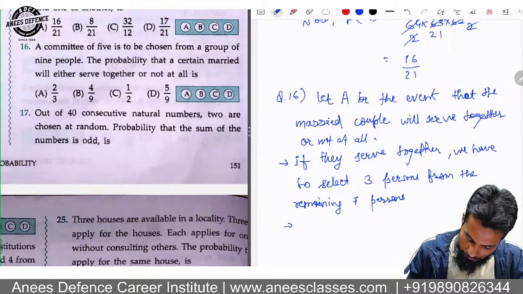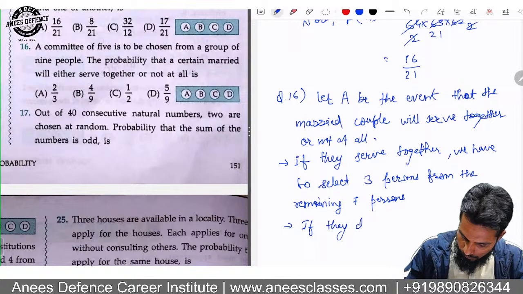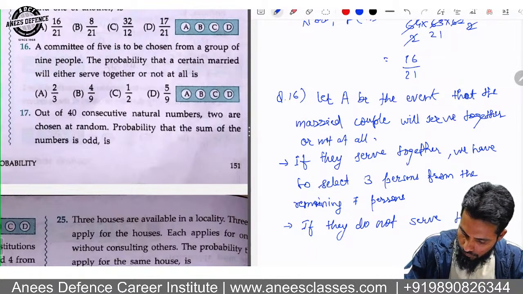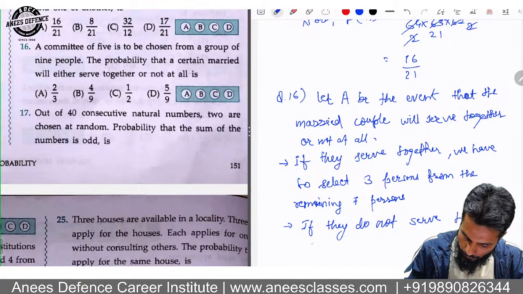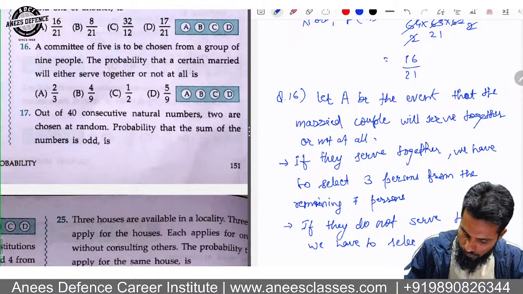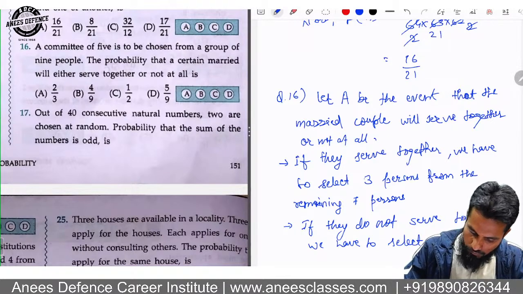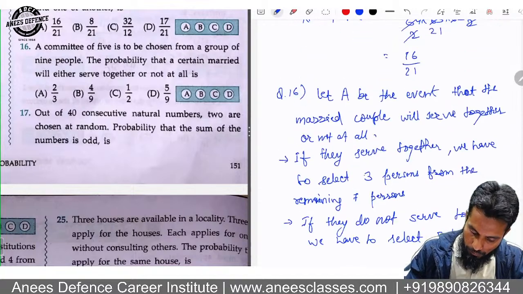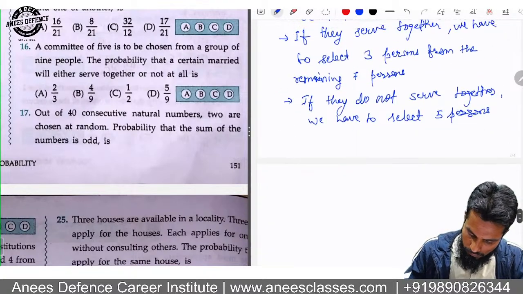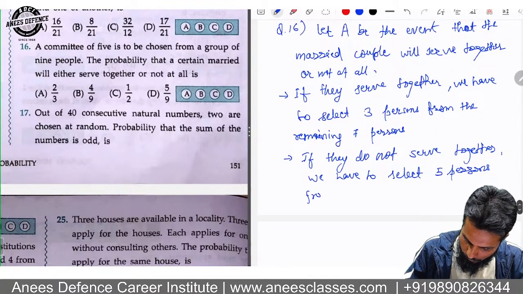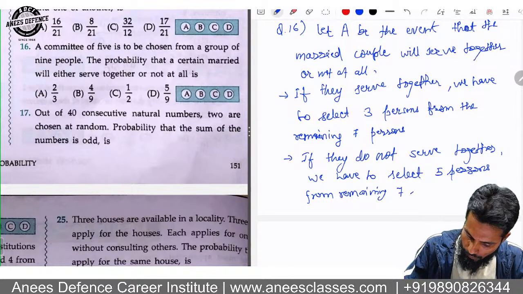So second condition, if they do not serve together, we have to select 5 persons from the remaining 7 persons.